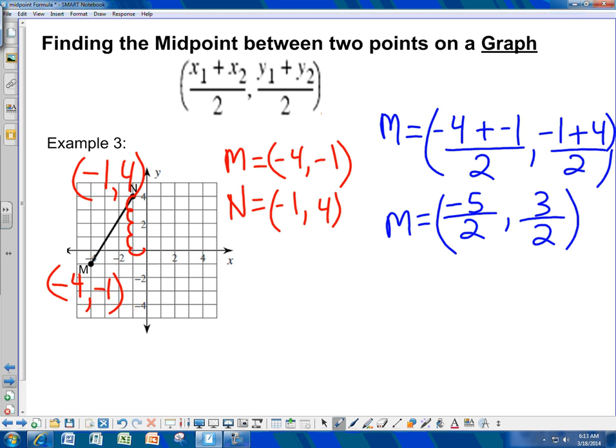And then when we divide those, we get a decimal for the first of negative 2.5, and then a decimal for the second of 1.5. And that's our final answer. Negative 2.5 and 1.5 is our midpoint of those two locations on the graph.